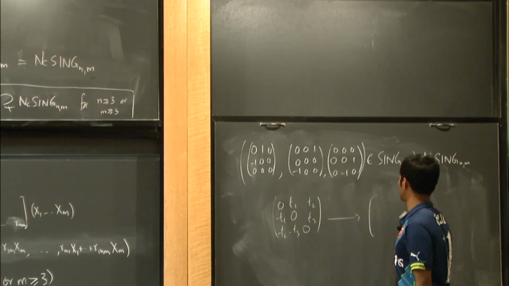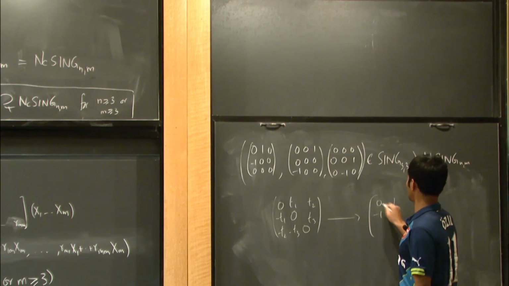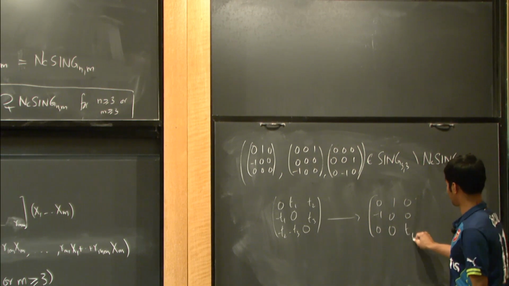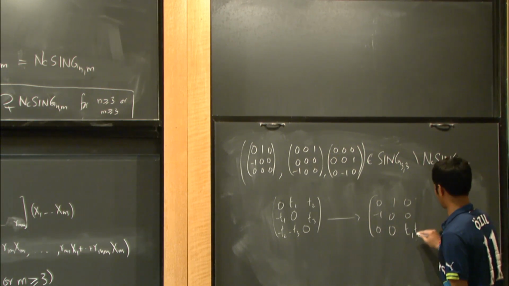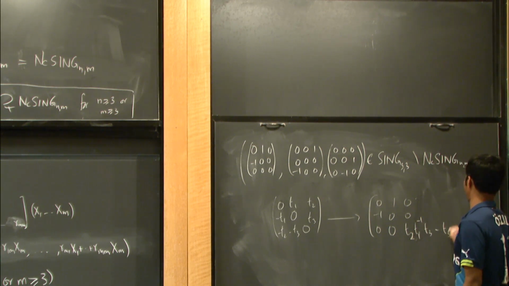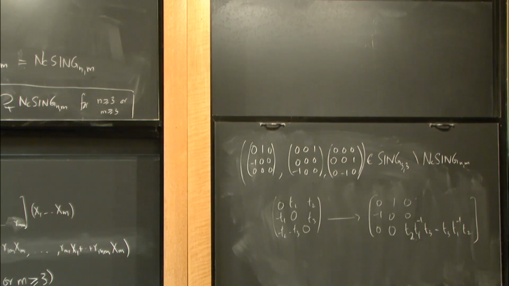If you do Gaussian elimination, you will end up with something that looks like this, an expression that Jeroen probably recognizes. If you think of the T_i as non-commuting, this is a non-zero expression. And therefore, this is not inside the non-commuting singular tuples.